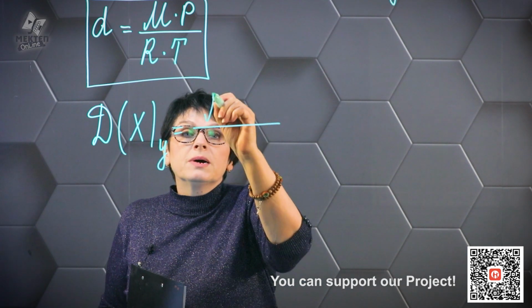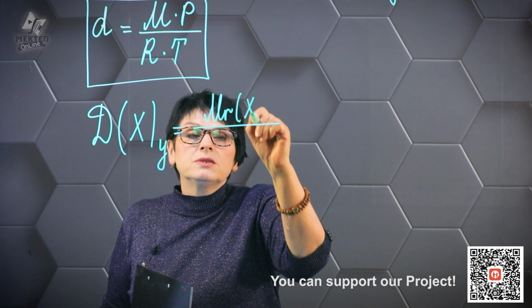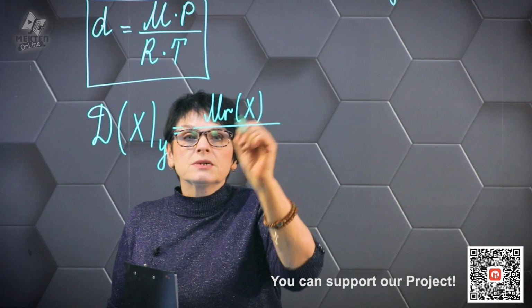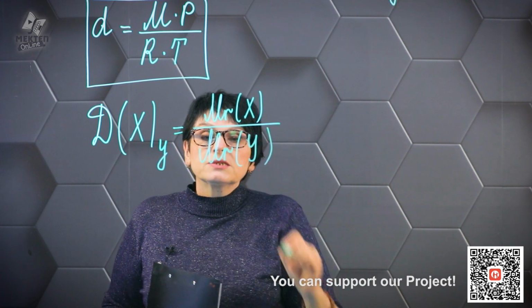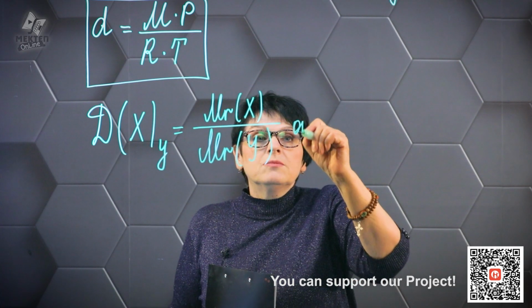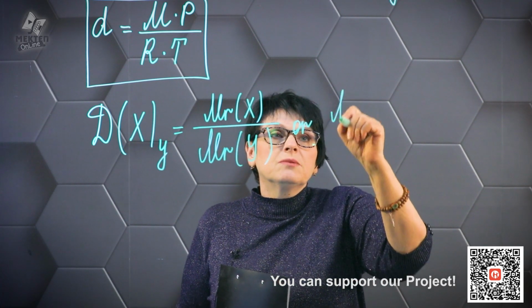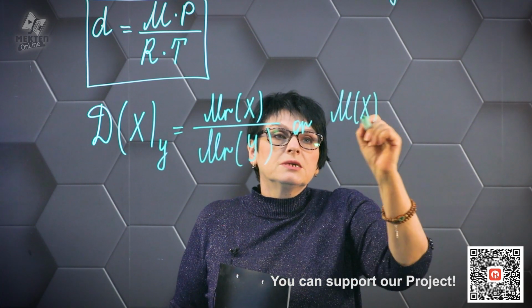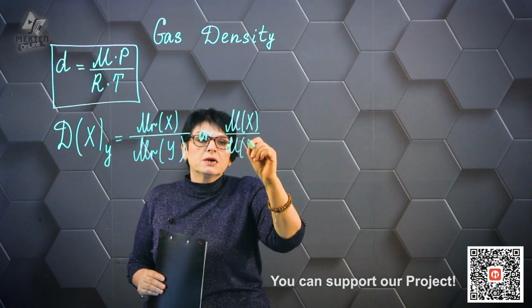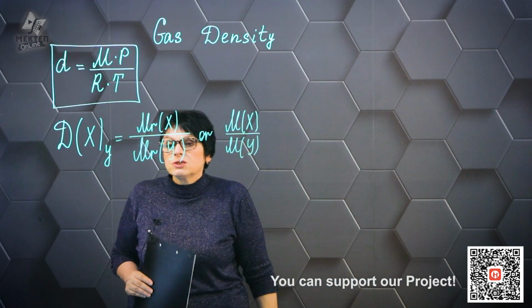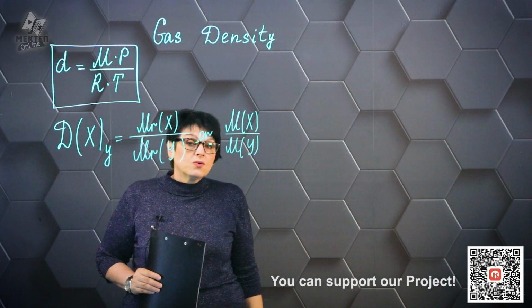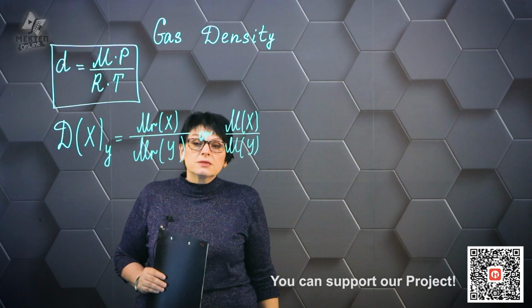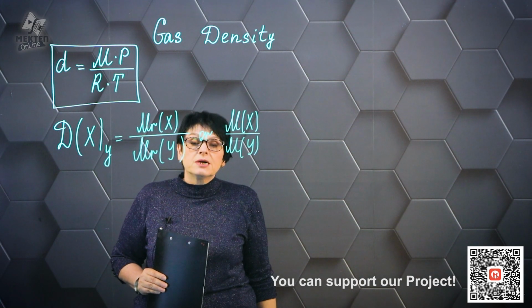In this case, it is the molecular weight, the molecular mass of some unknown or known gas X in relation to the molecular weight of a known gas Y, or we can take this ratio of the molar mass of gas X to the molar mass of gas Y. This value plays a purely practical role because depending on what the density is, it can be related to how this gas will be collected.